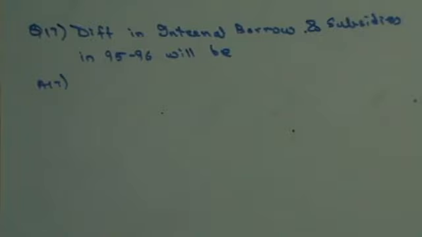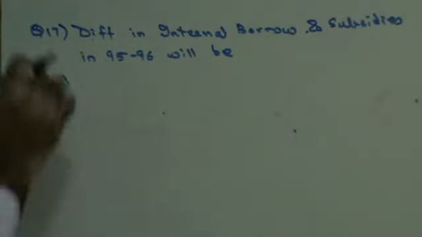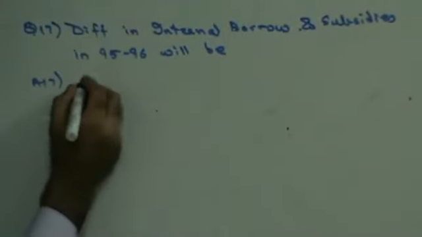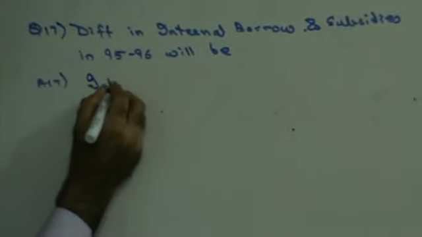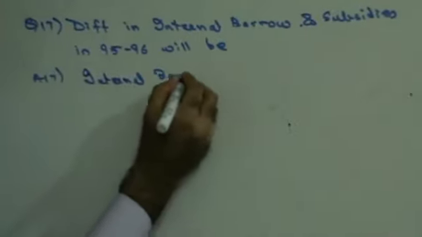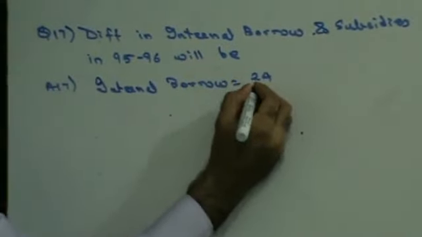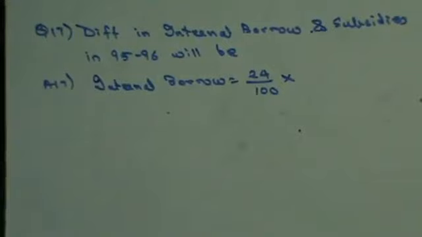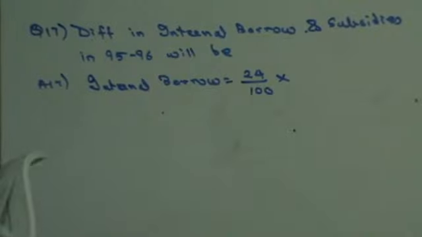Now the difference between internal borrowing and subsidies in 95-96. My internal borrowing revenue is 24%, and in 95-96 my total revenue was 74.37.